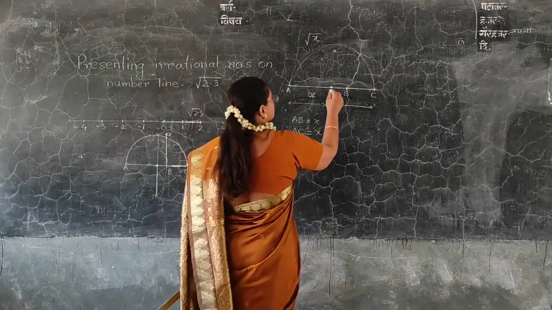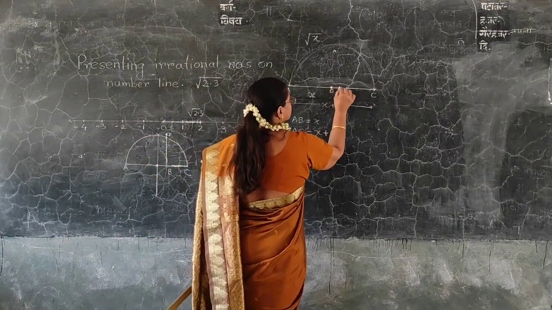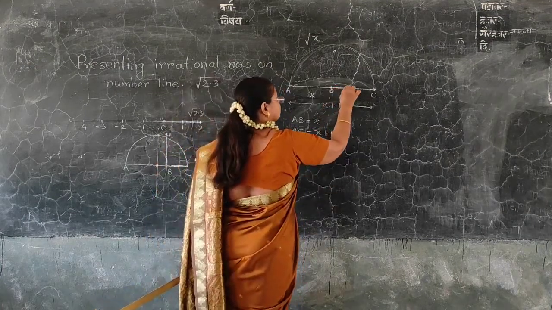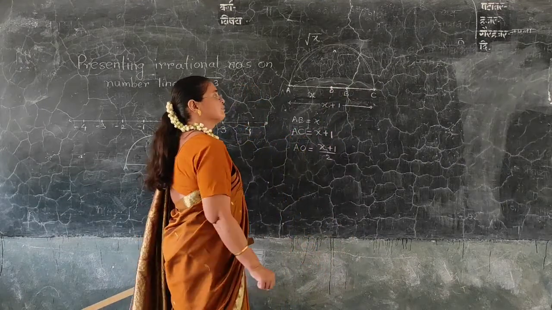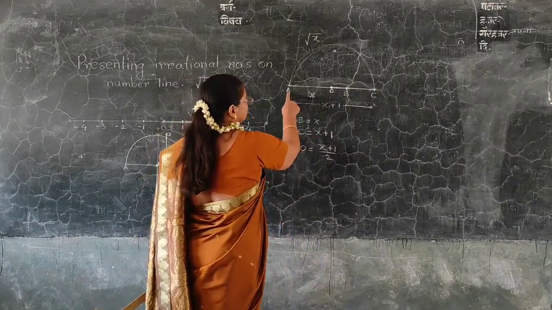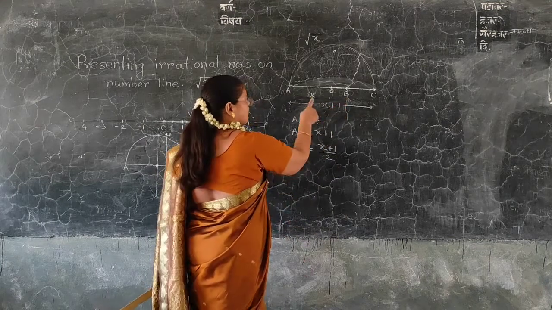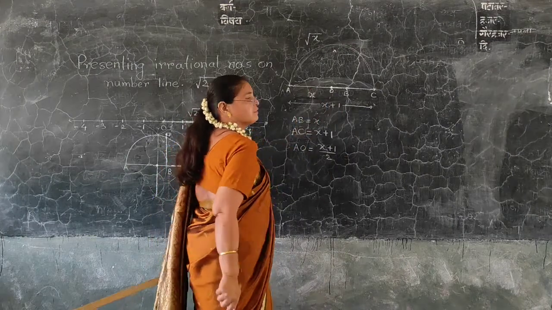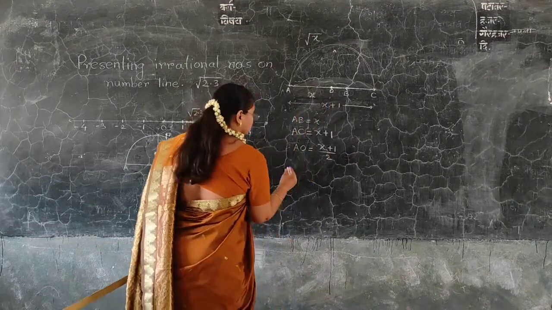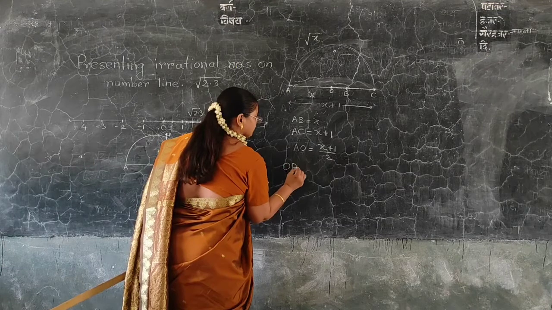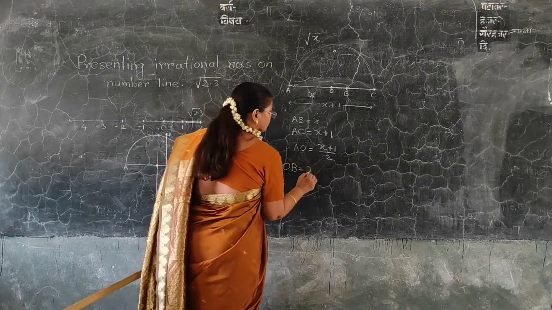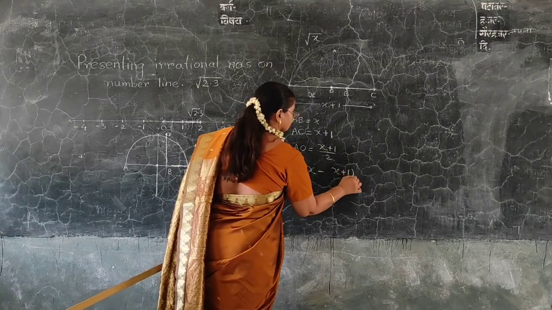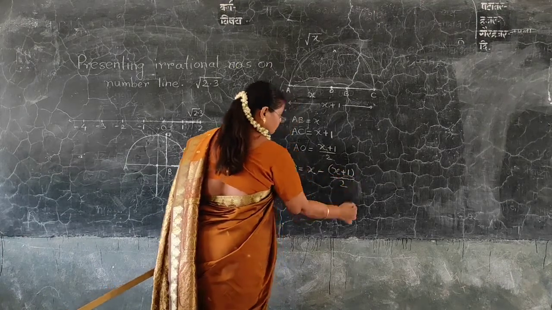Now what about this distance OB? So the full AB distance is x, and we have to subtract this AO distance to find out the OB. So OB is equal to x minus (x plus 1) upon 2.